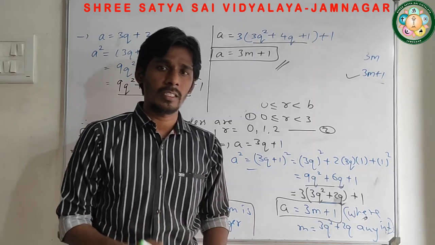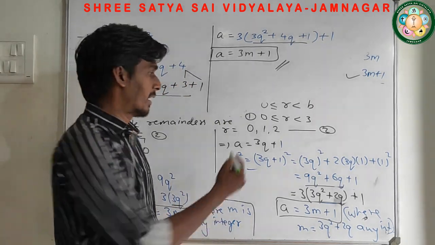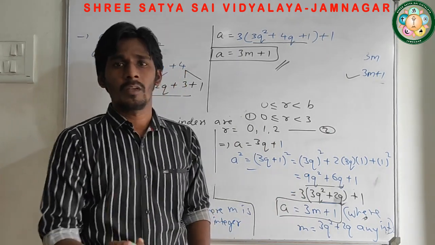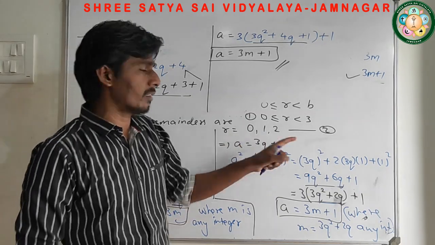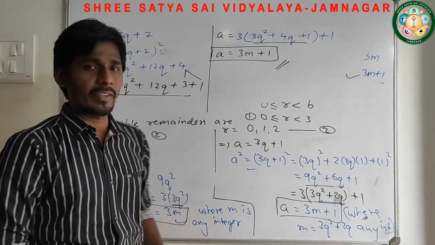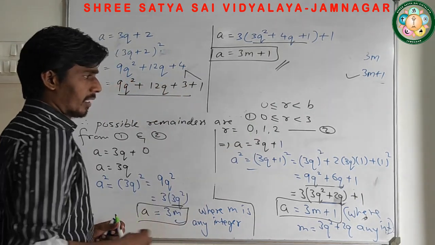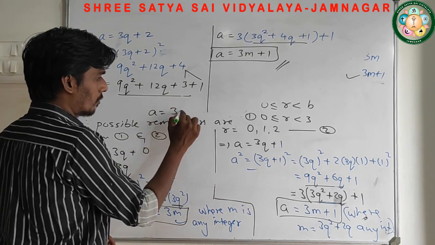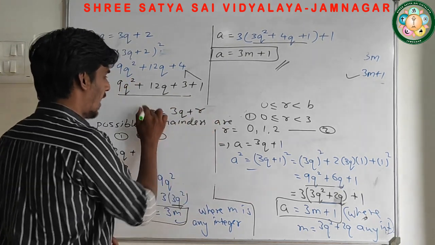In the previous one, there were 6 remainders, so we did 6 equations. Here there are 3 remainders, so we solved it with 3 equations, because of remainders 1, 2 and 3. So this is the way we can solve it. Let me tell you again all the things with a quick recap. So a is 3q plus r.